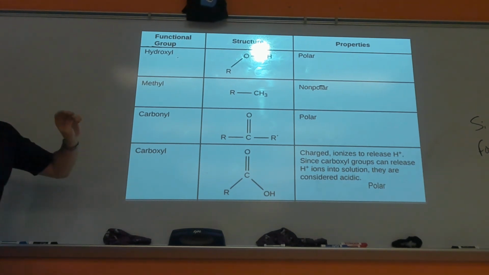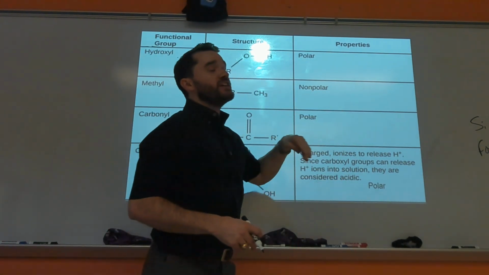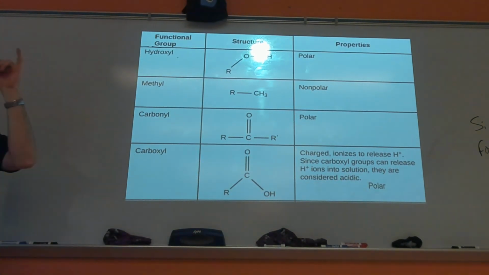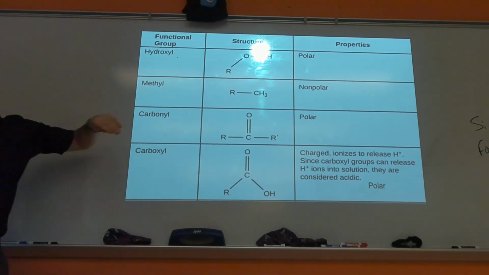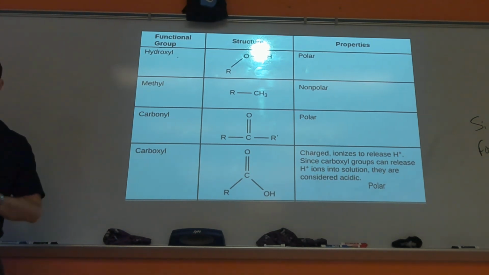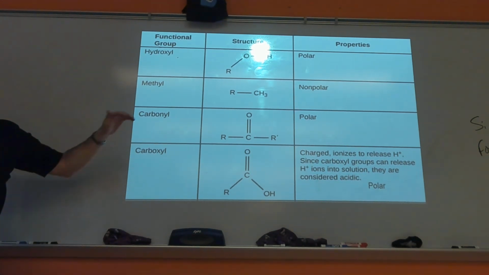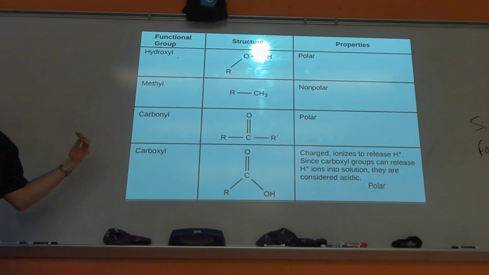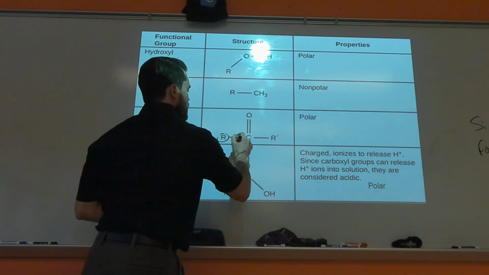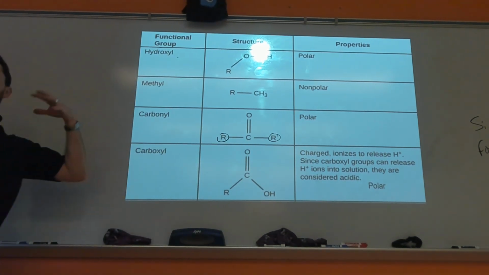I like this slide because one of the things you do need to know is polar versus nonpolar. All of these functional groups are polar except for methyl. Pretty simple. Same shape here. R is referring to a carbon chain.